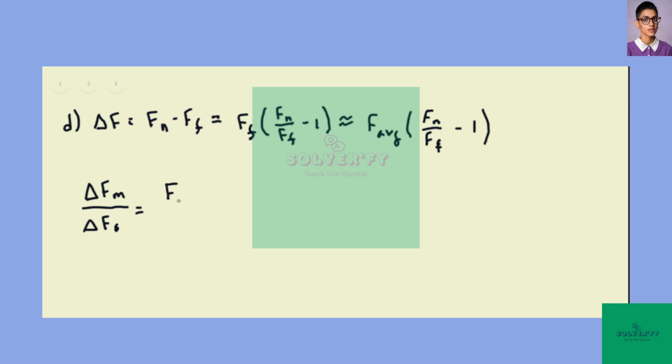this is going to be the average force for the moon times, we already know that F_n over F_f for the moon is 1.0687, so that's 1 minus that, or that minus 1. This is going to be 0.0687.